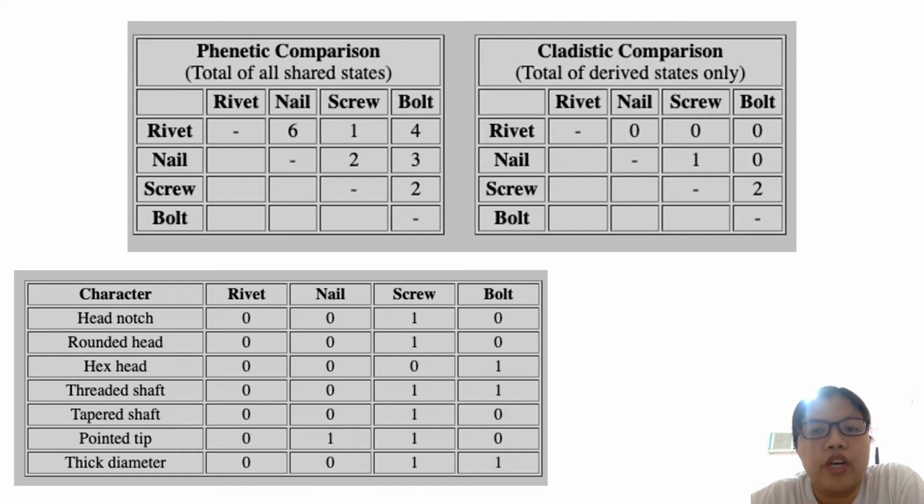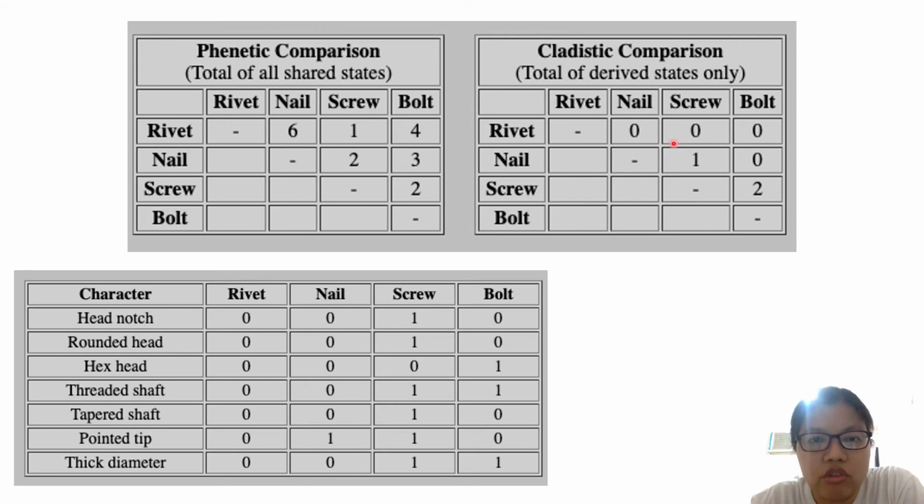Okay? Okay, using the character table, we can make 2 types of comparison. We can have a phenetic and cladistic comparison. In phenetic comparison, we will identify similarities whether the character is present or absent. We call these shared states. For cladistic comparison, we are only looking at the character state that are present.